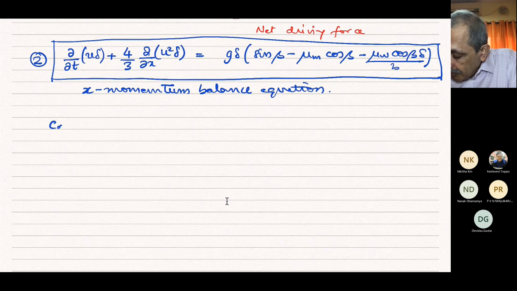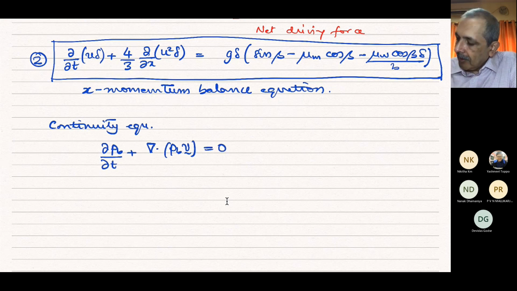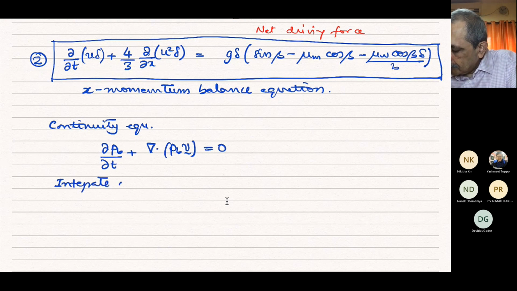So if we write down the continuity equation as we had done above, if we write this and then we do so when we do with respect to z, then there is no real difference.